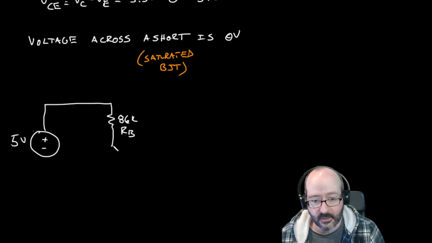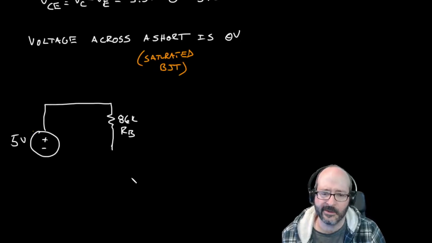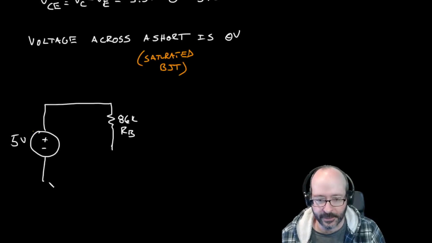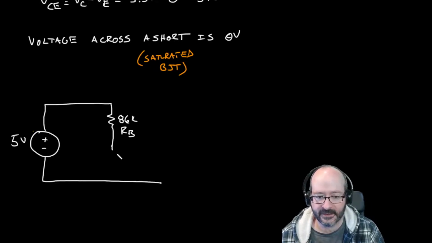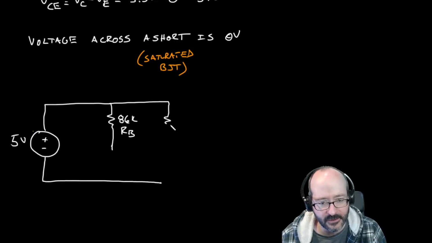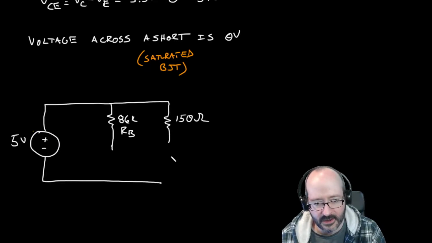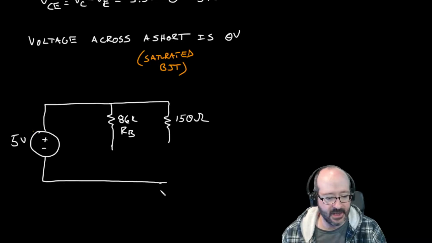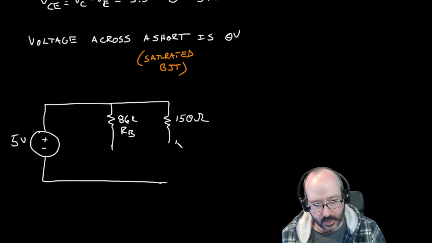Then we had a diode here, but if we're in cutoff, we're treating that as an open, so there's no current flowing there. And then we had the 150 over here, and again, in cutoff, we're treating this as an open where the collector was connected and where the emitter is connected. So that's VCE right there.